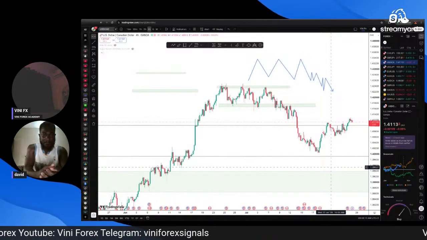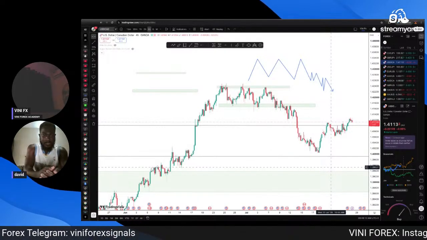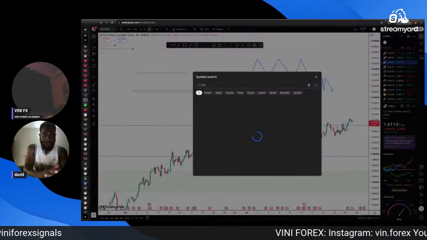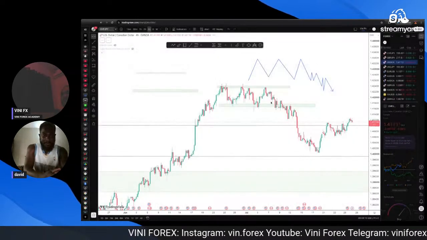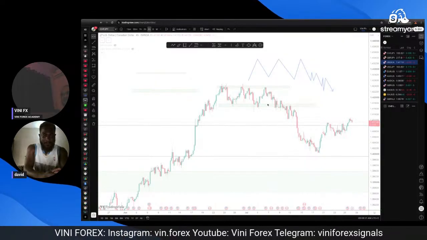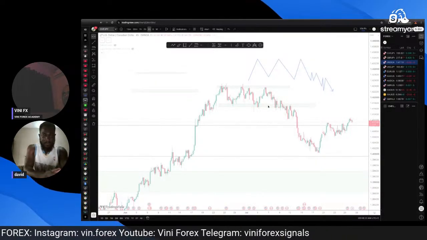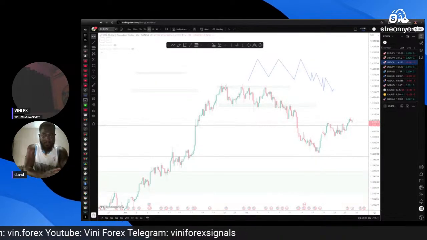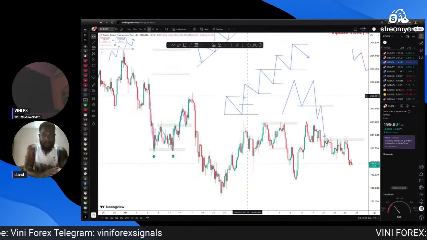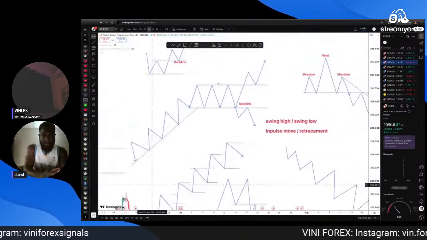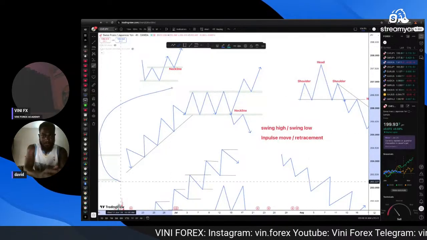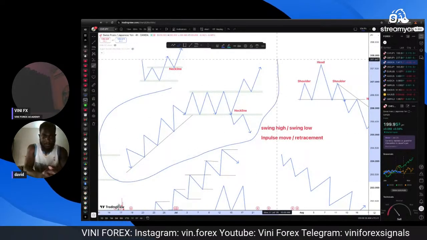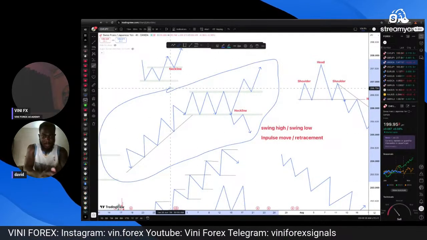I've already given you an example of this this morning. I don't know what you're saying. I gave you an example this morning when I was showing you the neckline. Let me go and find the example I gave you. This is the example I gave you this morning.